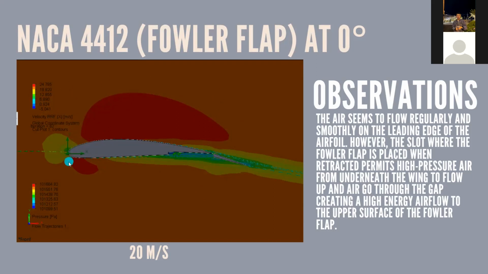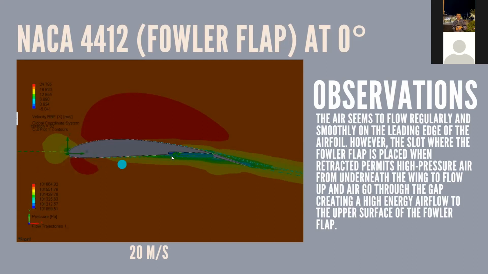And for pressure naman po, makikita nyo po ito yung arrows na concentrated at the lower streamline ng airfoil. And kung mapapansin niyo yung air nag-flow regularly and smoothly sa leading edge of the airfoil.